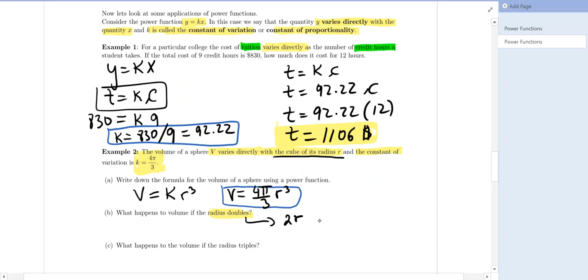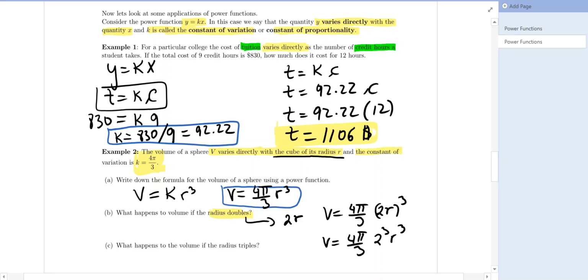So now the formula would be V equals 4 pi over 3 times (2r) everything cubed. Now you review the rules of exponents and distribute the exponent. So that's going to be 2 cubed times r cubed.